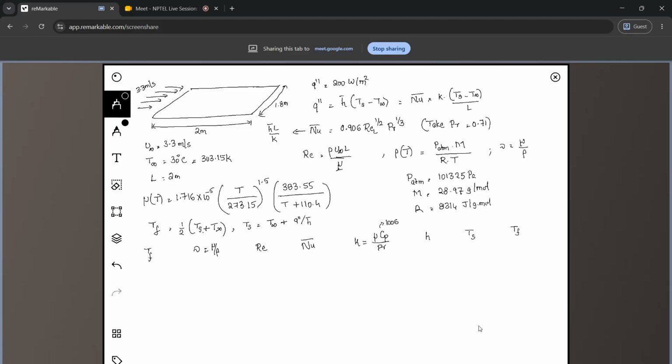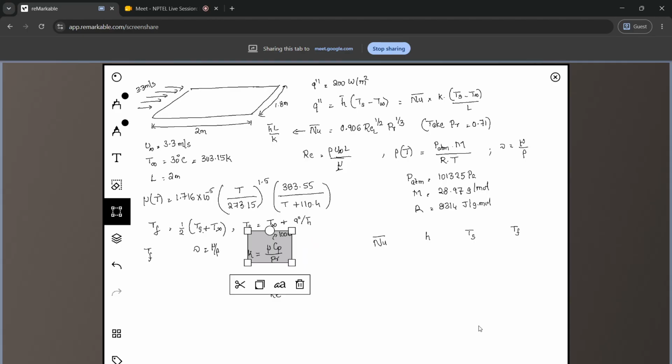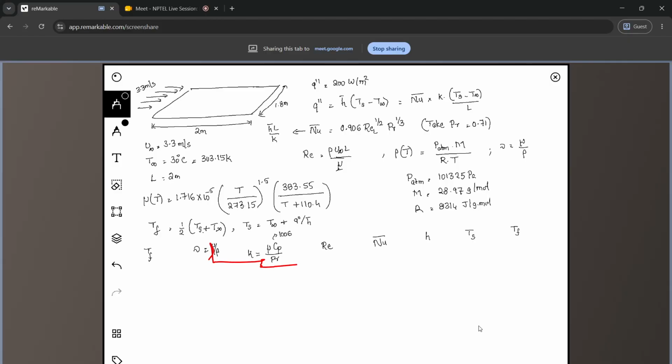Is the workflow clear? You initially start with a guess for TF. First, assume a film temperature, calculate all the thermophysical properties mu, rho, kappa, etc. Then calculate the Reynolds number.